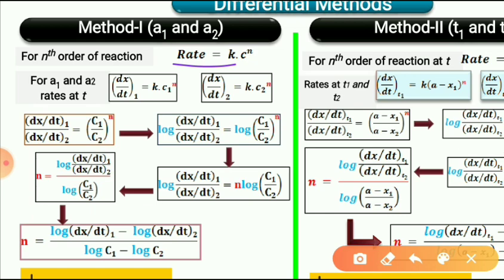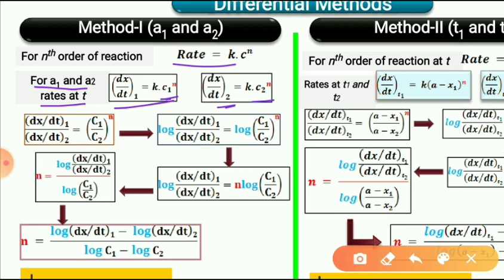So for different a1 and a2, the rates at time t can be written like this: dx upon dt1 equal to k into c1 raised to n, and dx upon dt2 equal to k into c2 raised to n.